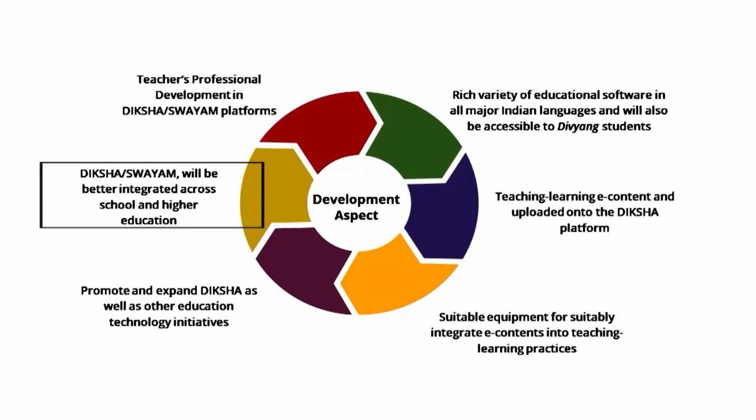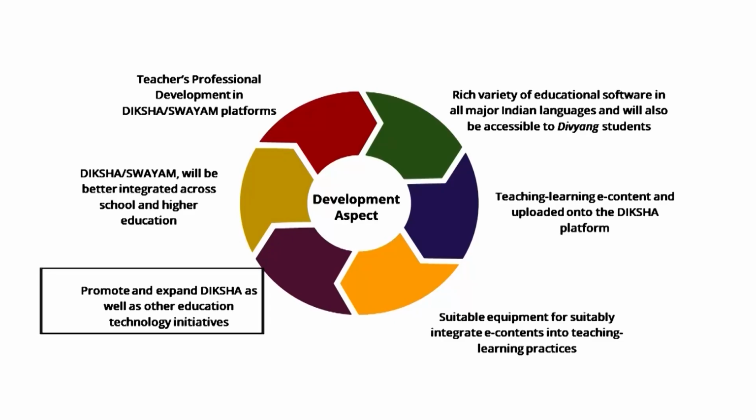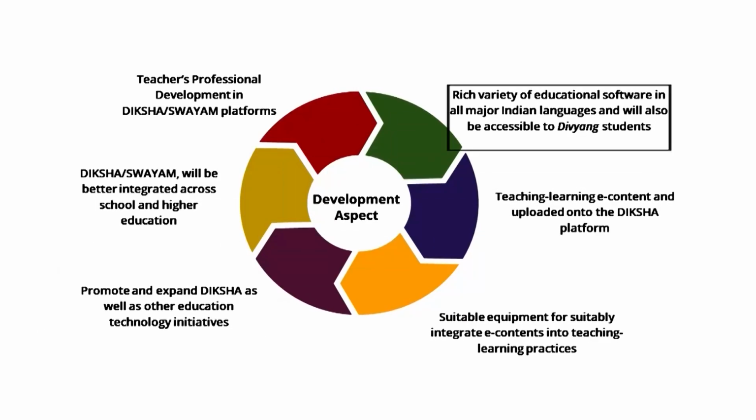Diksha and Swayam will be better integrated across the school and higher education systems. We also need to promote and expand Diksha as well as other educational technology initiatives to the extent possible. And a rich variety of educational software in all major Indian languages, also accessible to Divyang students. This is a very good demand, and a lot of effort is going on in this regard.